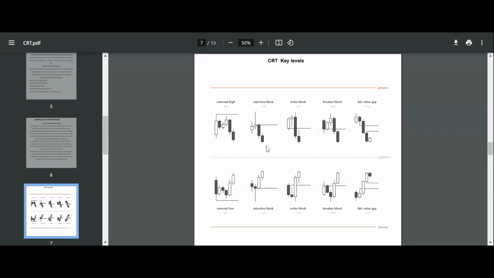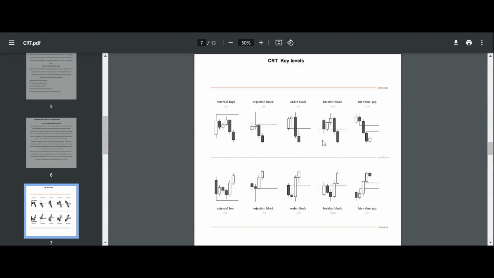If the market is bearish, going on the higher time frames, what you want to be looking for is external highs, that is swing points in the market, rejection blocks, order blocks, breaker blocks, or break of structure or change of character, and fair value gaps.